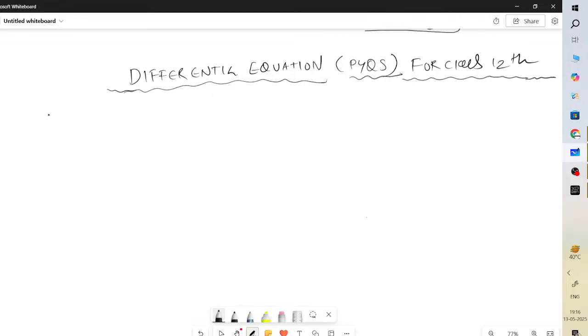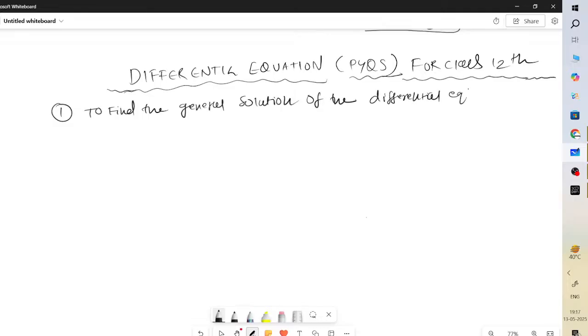Right, first question is to find the general solution of the differential equation dy by dx is equals to 1 plus y square plus x square.